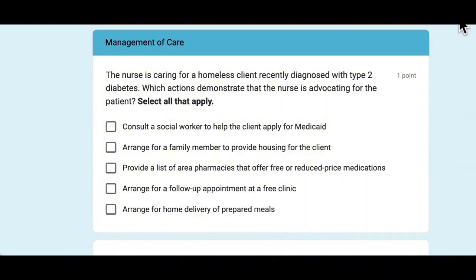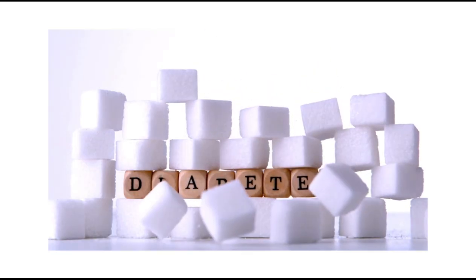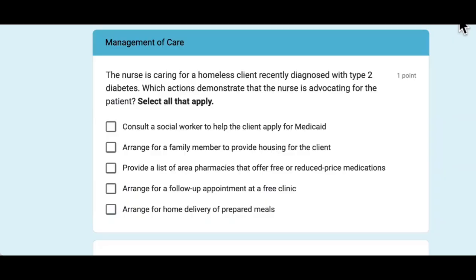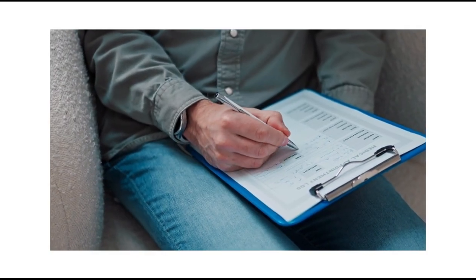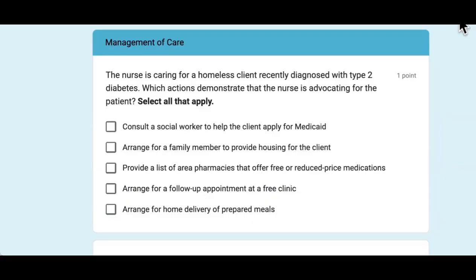The nurse is caring for a homeless client recently diagnosed with type 2 diabetes. Which actions demonstrate that the nurse is advocating for the patient? Select all that apply. A is consult a social worker to help the client apply for Medicaid. B is arrange for a family member to provide housing for the client.